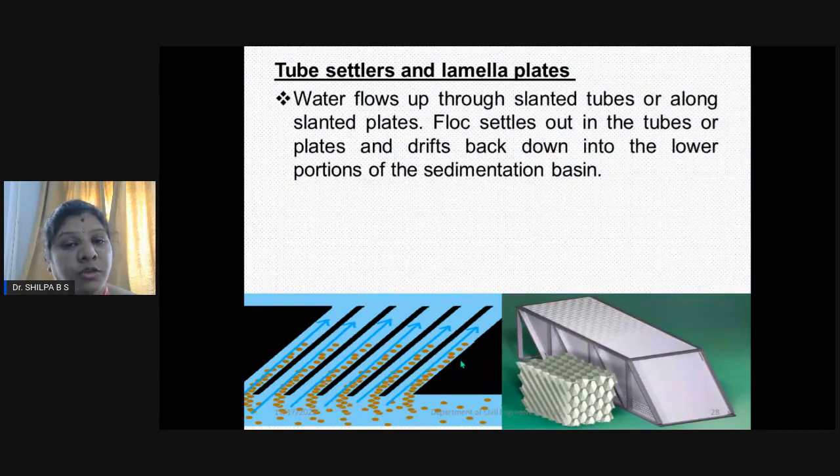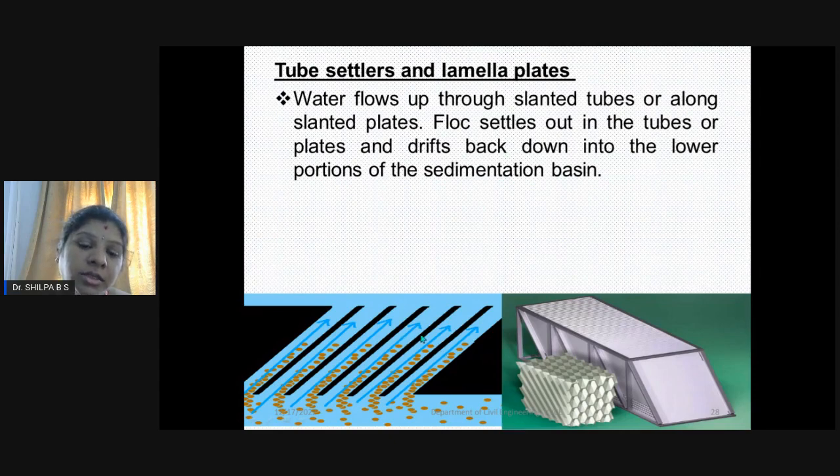The water flows up through the slanted tubes, you can see. So this is the laminar plate and this is the tube module, which will be placed in the sedimentation tank, as you can see here. As it is placed in the slanted position, as the water flows up through these slanted tubes or the plates, the flocks which are present in that water will get settled over these plates.